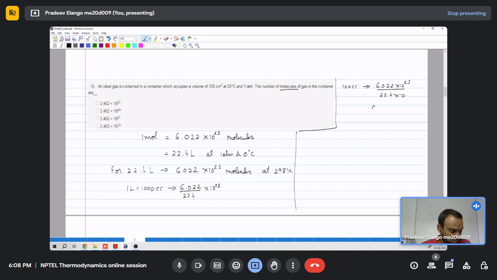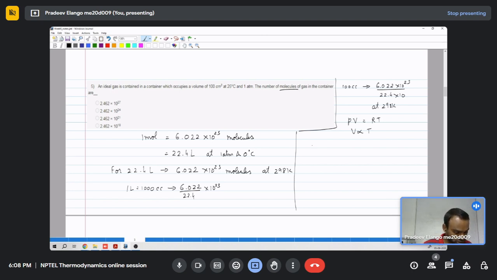Using the ideal gas law, PV equal to RT, if only the temperature is changing, we can say volume is proportional to temperature.